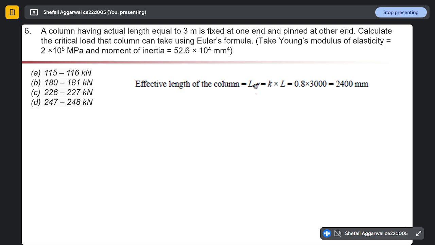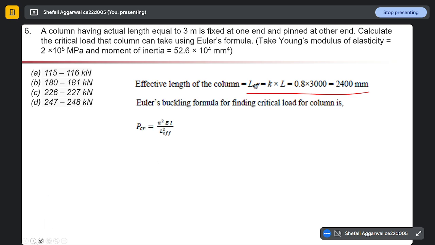What is given to us? One end is pinned and the other end is fixed. In that case, we take K as 0.8. So the effective length of our column is 2.4 m. Next we have to find the critical load. P is equal to pi square EI upon L effective whole square.